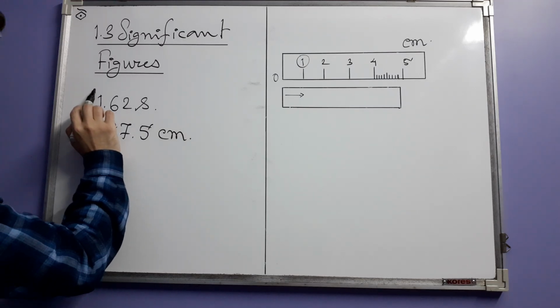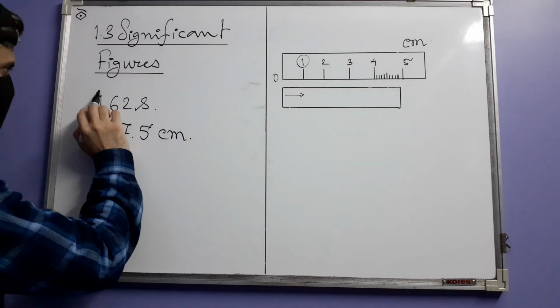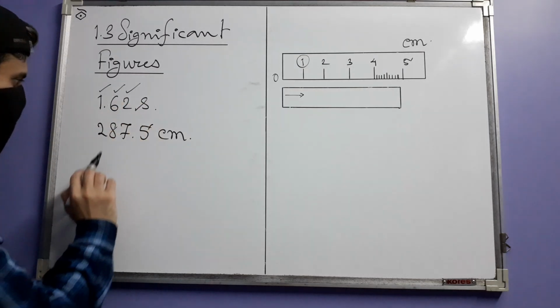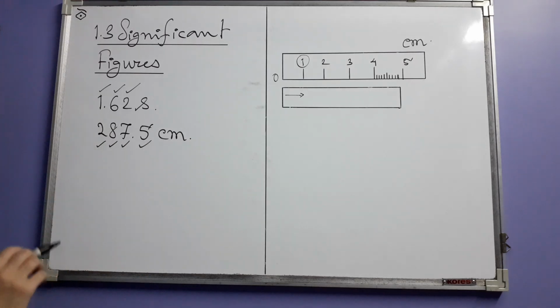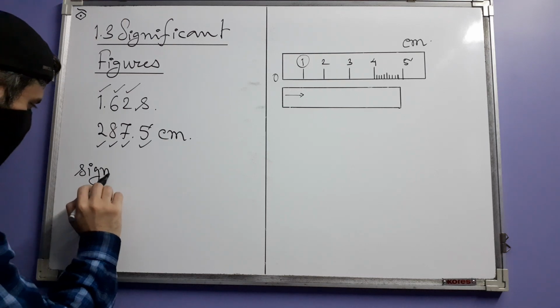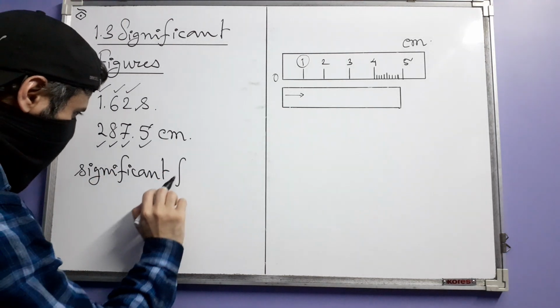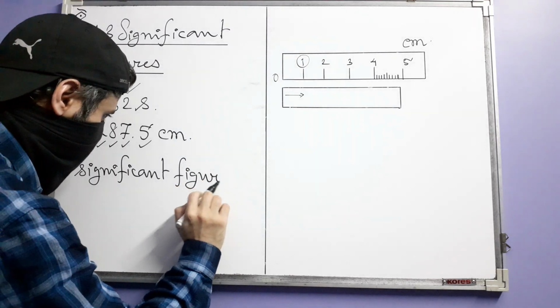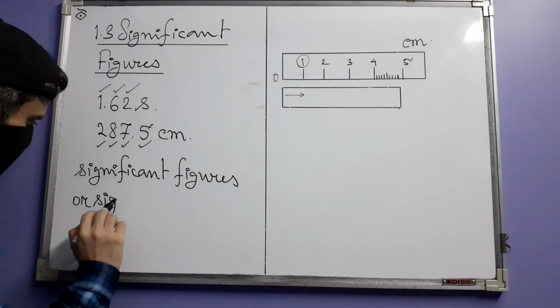They contain errors. Now we are going to discuss that, but before that, let us mention the fact that these digits that you see in the numerical part of your measurement, 1, 6, 2, and in the second one 2, 8, 7, 5, these are called significant figures or significant digits.